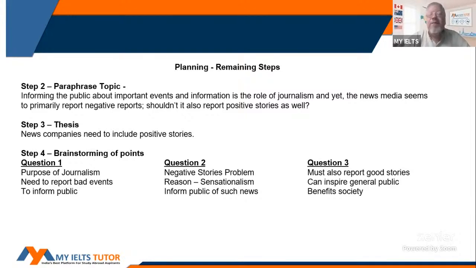Third reason is to inform the public. The third reason for question 2 is inform public of such news. So we're talking about negative news. Question 3 must also report good, benefits society. So the idea here is reporting positive news stories benefits society.